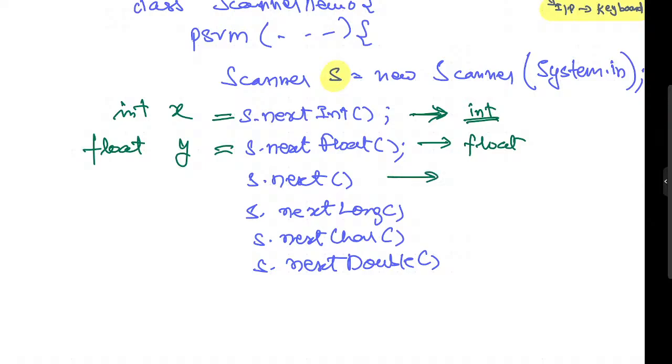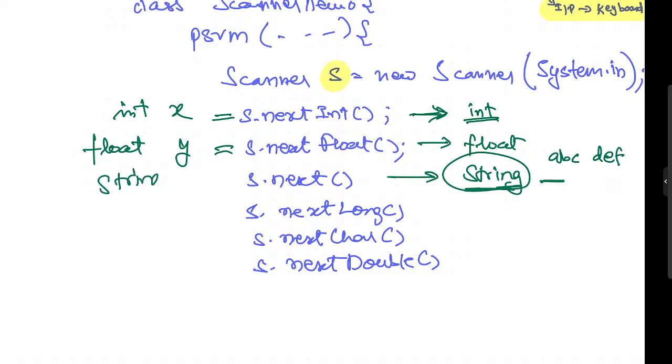If you are going to get a string, and it should be space separated, if you are inputting abc and then def, then this particular thing will store abc, right?